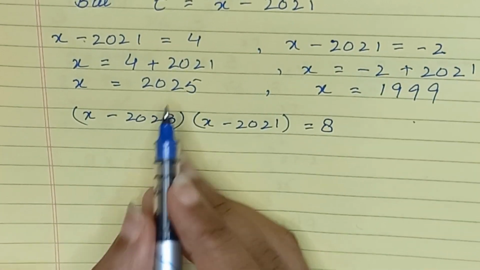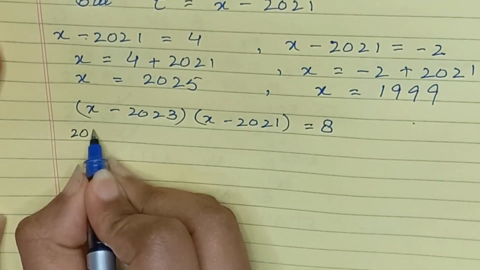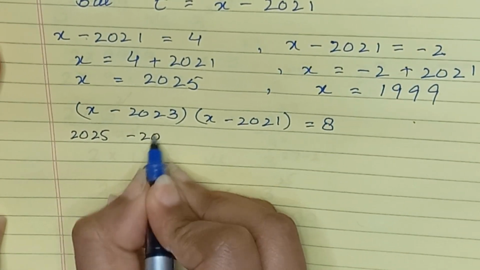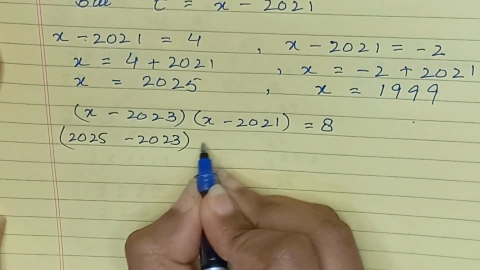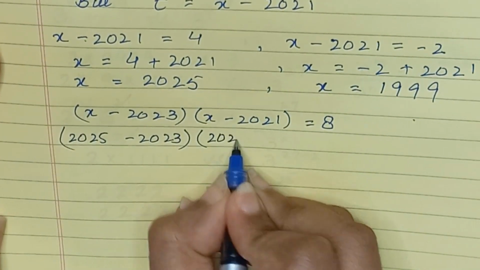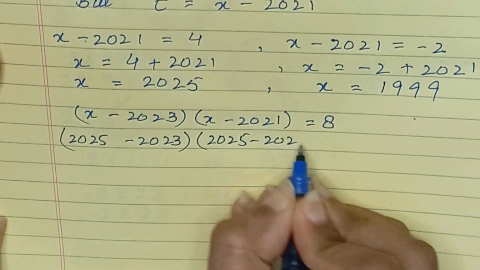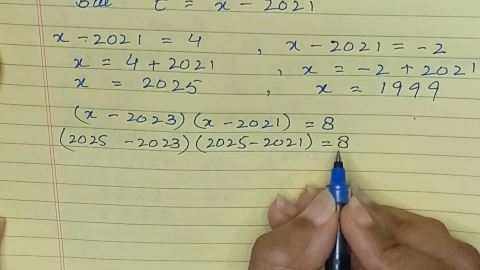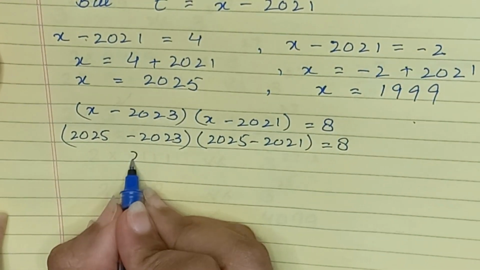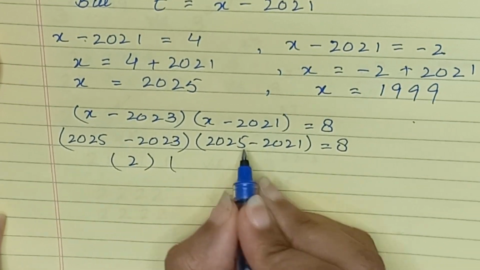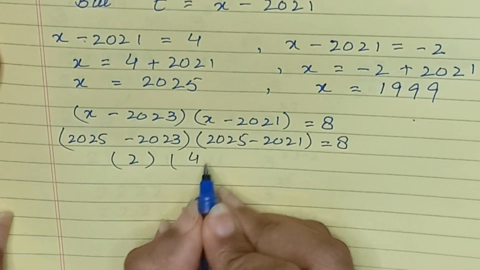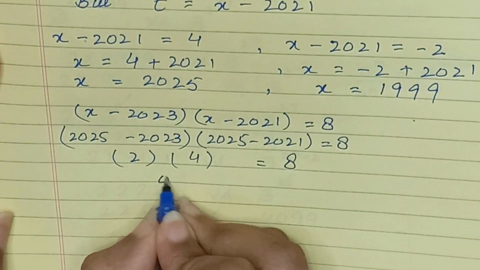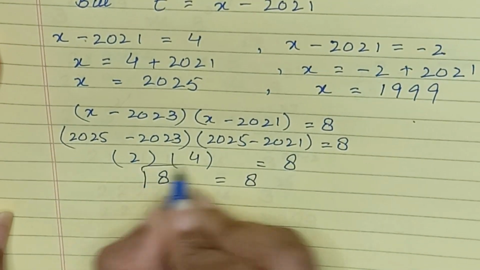First of all, we will put 2025 minus 2023, and again x is 2025 minus 2021, which is equal to 8. So it will become 2 and it will become 4, which is equal to 8. So from here 8 is equal to 8.